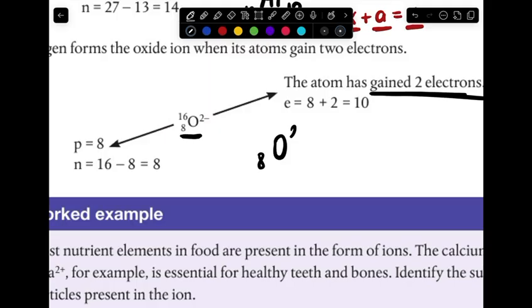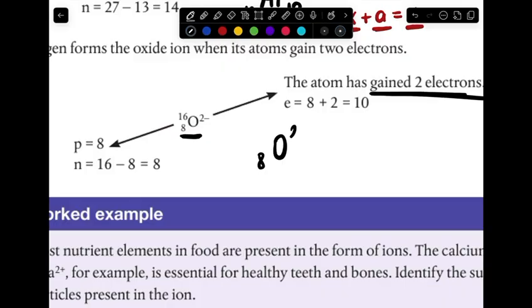If you forget the formula x plus a equals y, x is the electron number, a is the ionic charge, and y is the proton number. This is very easy. a is minus 2, y is 8, so x is 10.